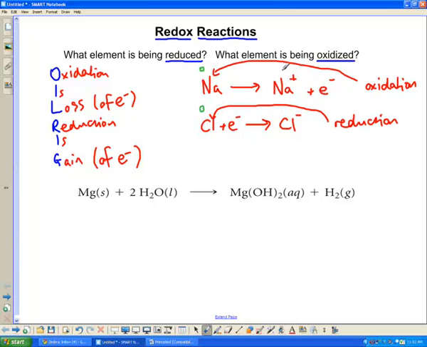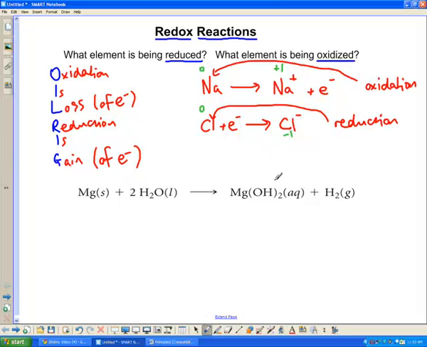The oxidation state of the sodium here is +1, just as the oxidation state of the chlorine is -1. So if your oxidation state increases, oxidation is happening. If it decreases, reduction is happening.